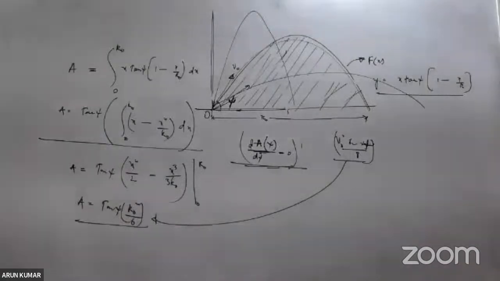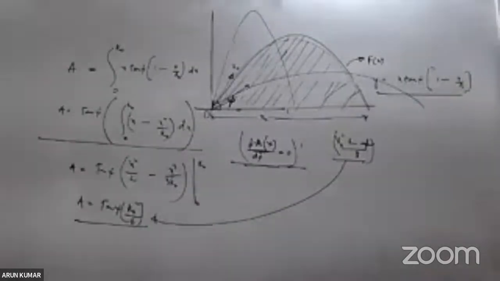Substitute r as v naught square sine 2 psi by g in this equation and tell me what A is as a function of psi. So v naught square sine square psi by 6g.